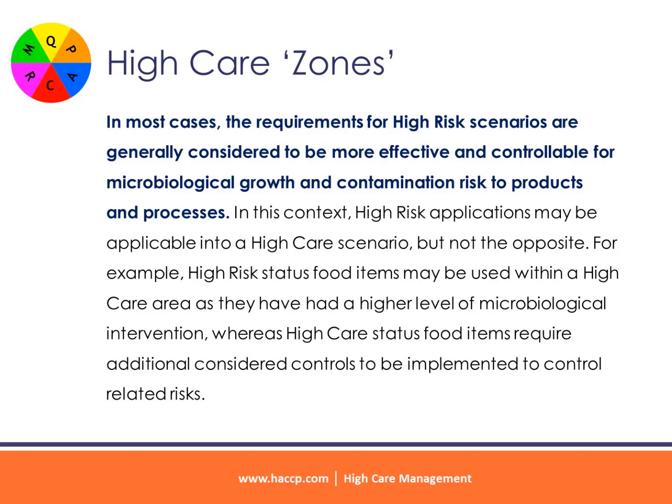In this context, high-risk applications may be applicable into a high-care scenario, but not the opposite. For example, high-risk status food items may be used within a high-care area as they have had a higher level of microbiological intervention, whereas high-care status food items require additional considered controls to be implemented to control related risks.